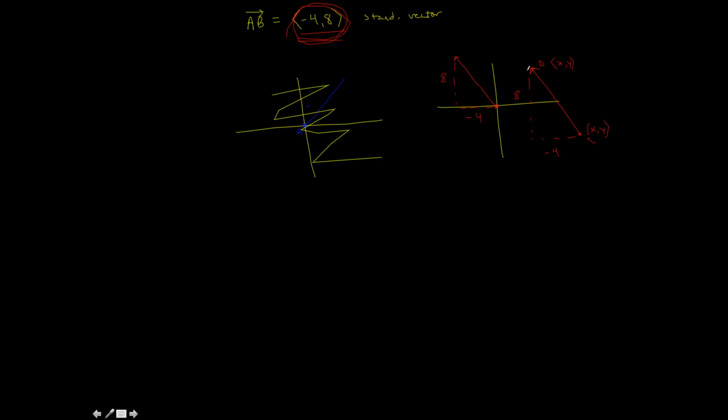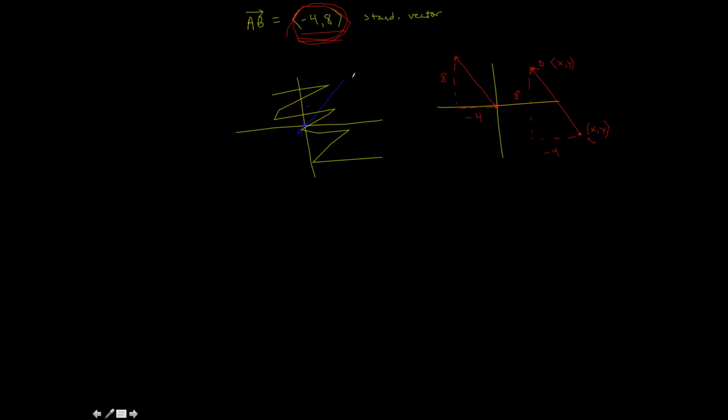It's the same length, and it has to be in the same direction. So no matter where I draw a vector, if I draw it the same as this standard vector, it has to be 4 units to the left, 8 units up, no matter what initial point I start with. I hope that makes sense.